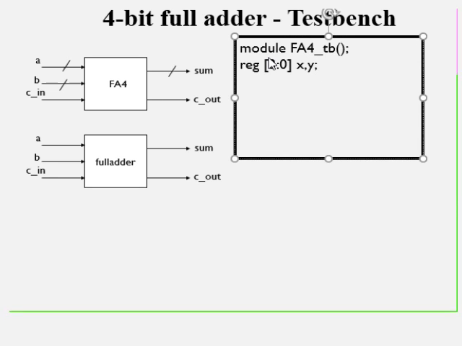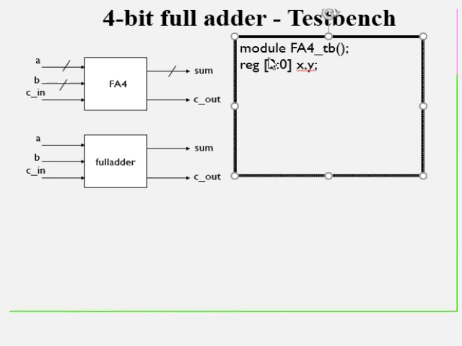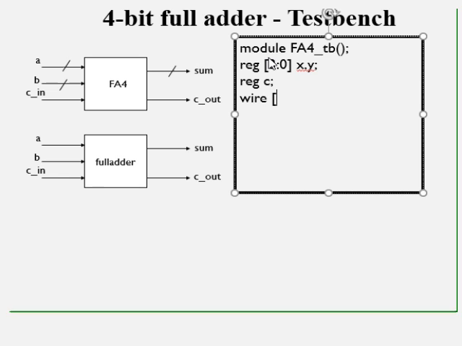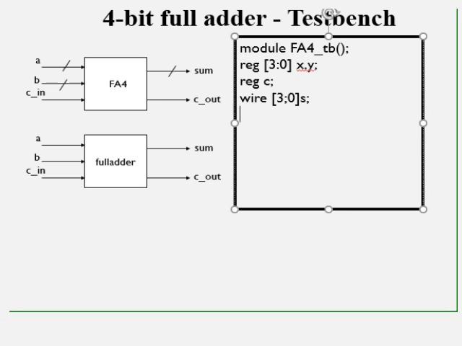So two inputs which are 4-bit wide, and one input which is the input carry, I will take it as C. The output is a wire, which is a 4-bit sum, so I will take it as S, and one more single bit wire, the carry out, which I will take as CO.